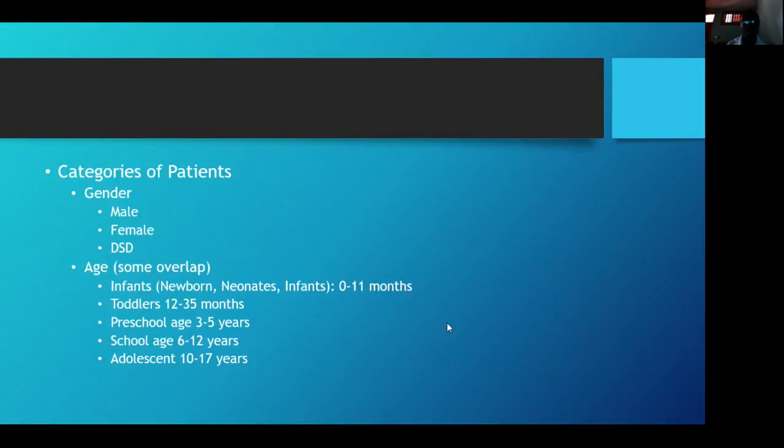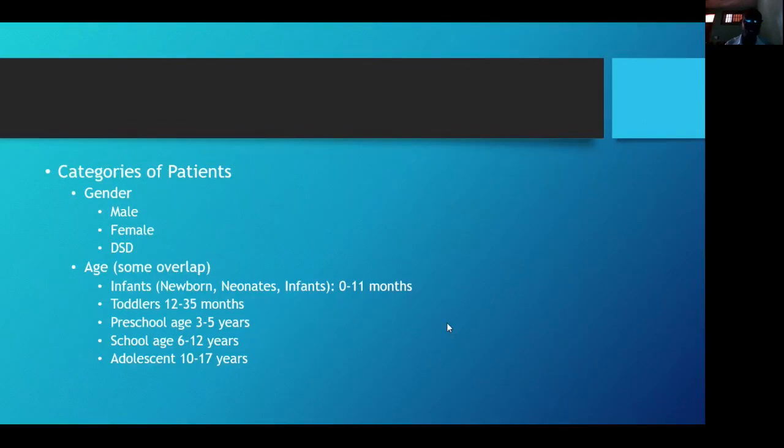But if you look at infants, among infants there are those that are 0 to 28 days, which are neonates. Neonate means newborn, but some people have gone further to say that newborn may actually be within the first 72 hours, and subsequently you can refer to all of them as other neonates.